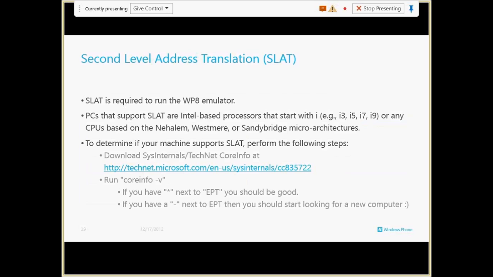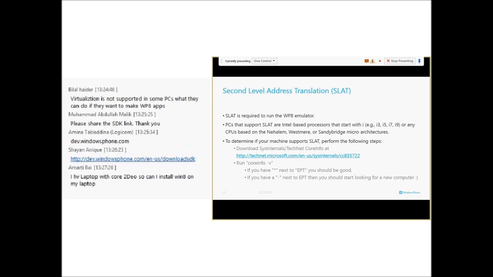To determine if your machine supports that, you can follow this link and download Sysinternals Coreinfo, run it, and take snapshots if you want. I'll share that with you after the session, so you shouldn't worry about the links.